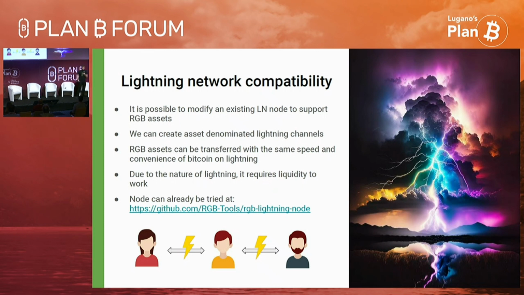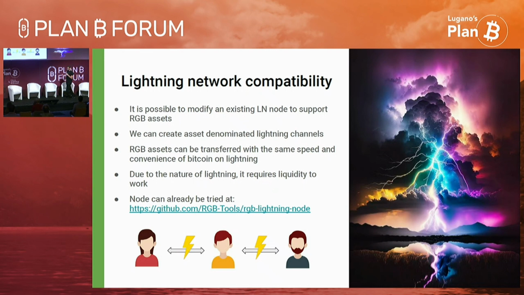So you fully leverage Lightning security without changing the security model, without changing anything. You just say, okay, we trust that Lightning works, we believe that this channel is secure. We just added the meaning that these transactions are not only moving Bitcoin, but they're also moving RGB assets.